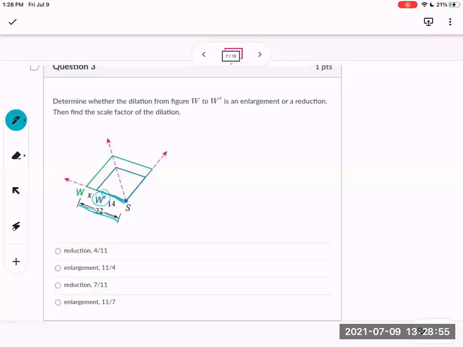Remember, it's the image over the original. So it's 14 to 22. I can cancel a 2 out of both of those, which is 7 over 11. It's a reduction by 7/11. That's the correct answer.